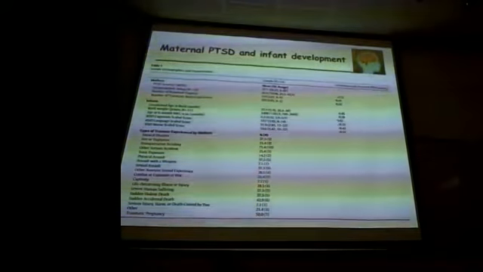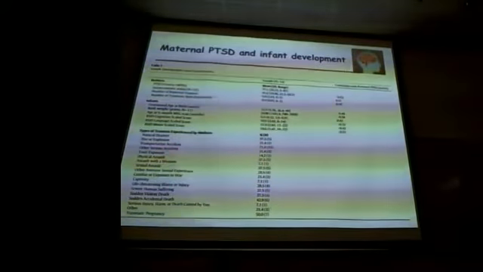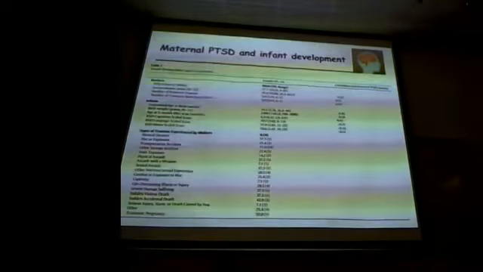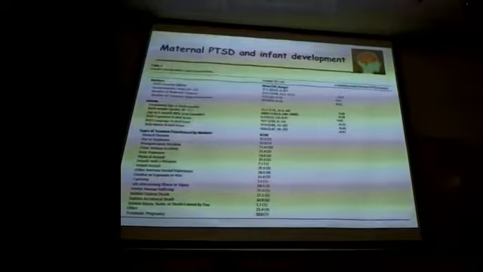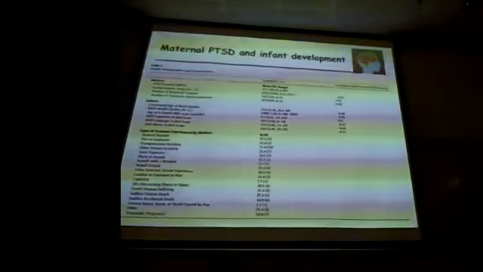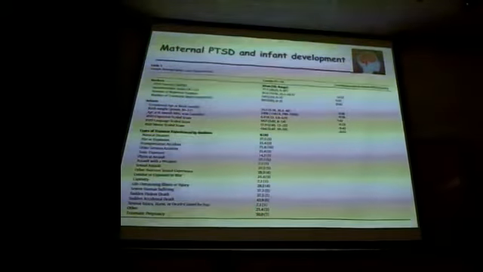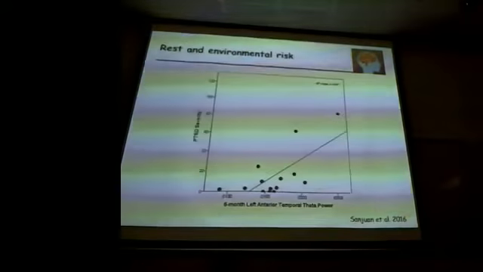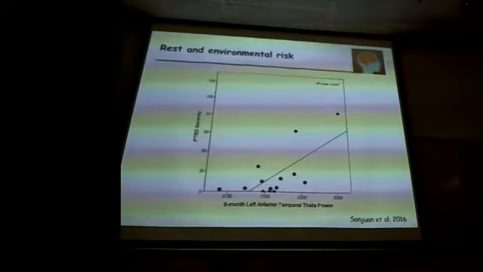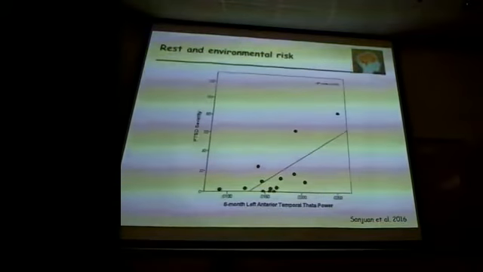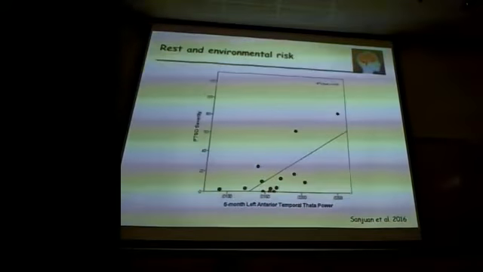So in this particular study, we also collected maternal measures of PTSD, so post-traumatic stress disorder. So you can get a measure of PTSD severity. And so we did a correlation between MEG resting oscillations and PTSD severity.